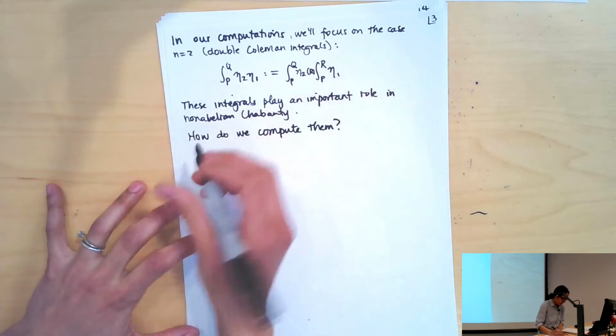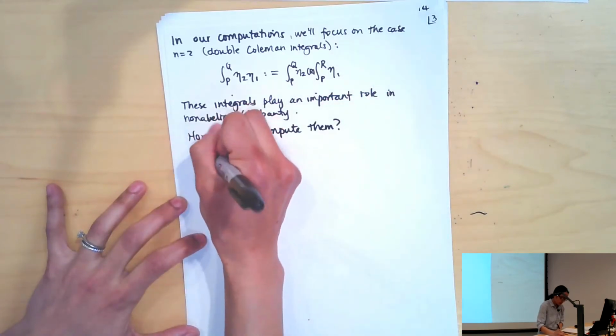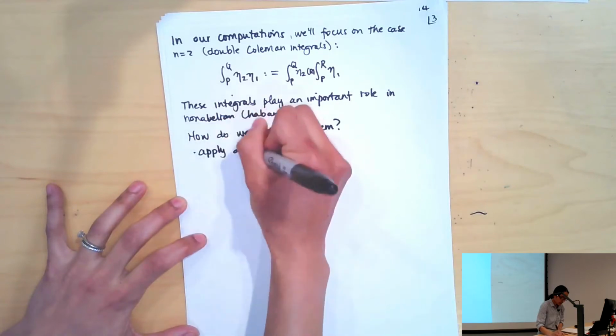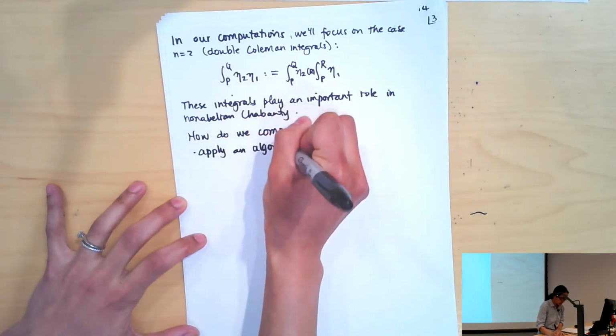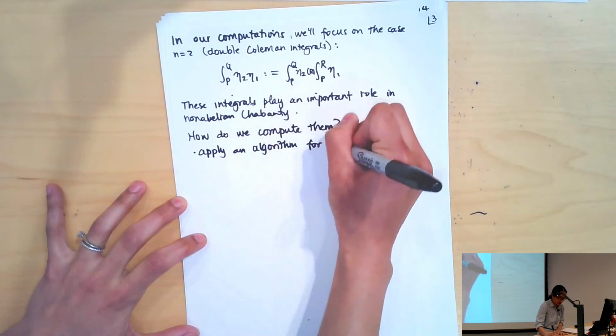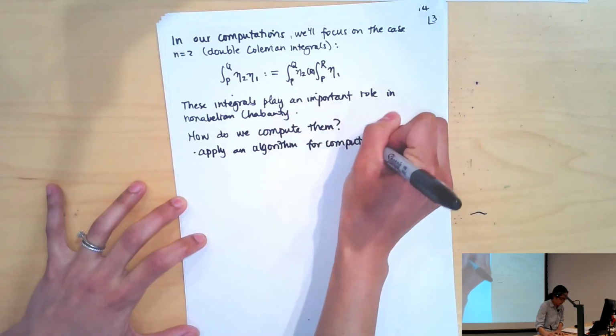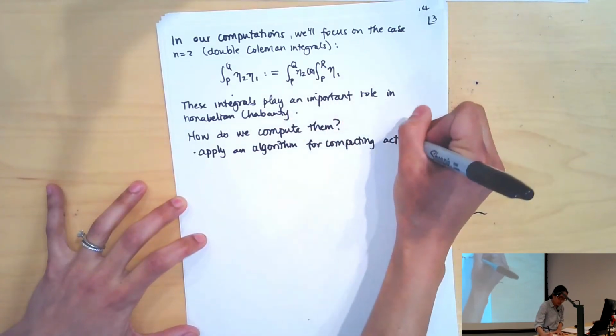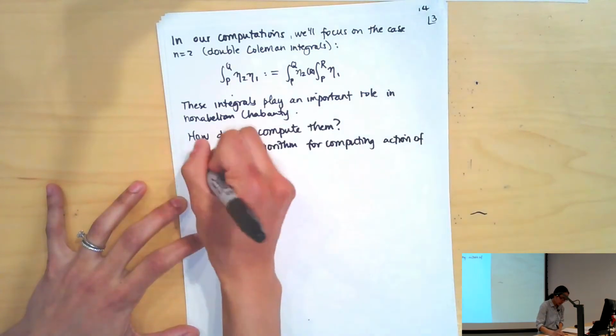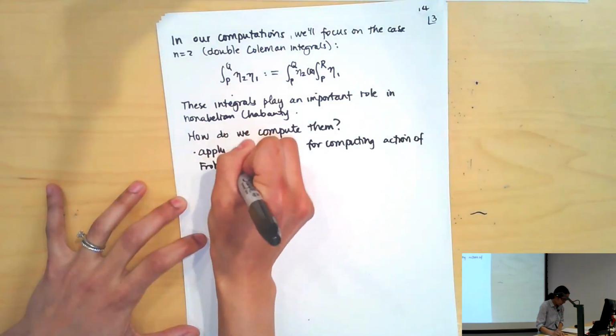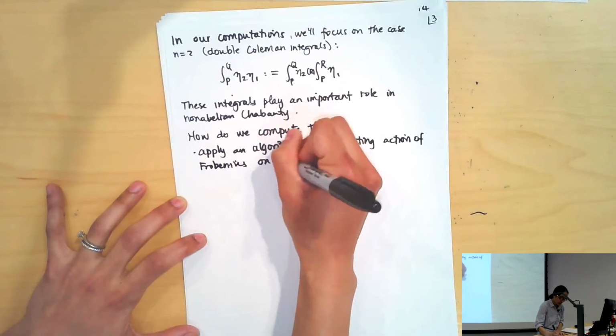All right, so how do we compute them? We want to apply an algorithm for computing the action of Frobenius on p-adic cohomology.